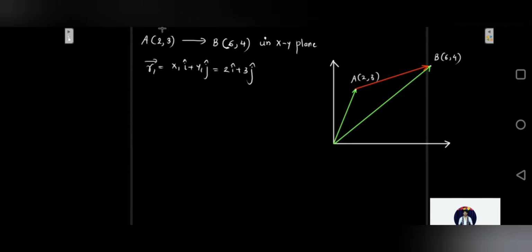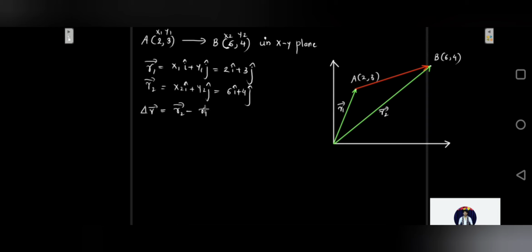If you consider this as x1, y1, this is x2, y2, and R2 vector, the position vector of point B, is x2 i plus y2 j, so it is going to be equal to 6i plus 4j. These are going to be your two vectors, R1 and R2. So what will be the displacement vector? Delta R, let's say, is going to be equal to the final position minus initial position, normal formula.